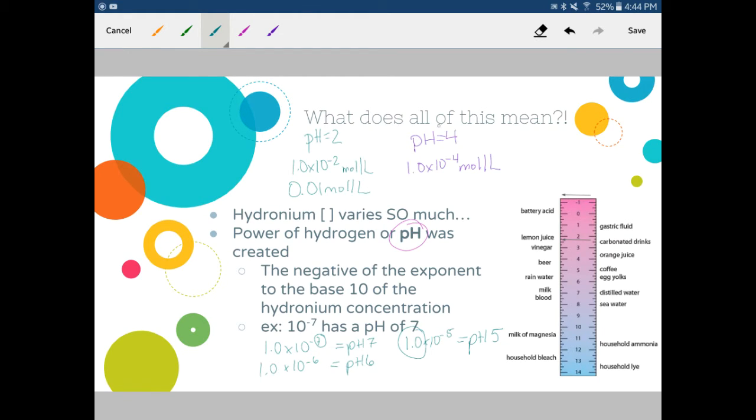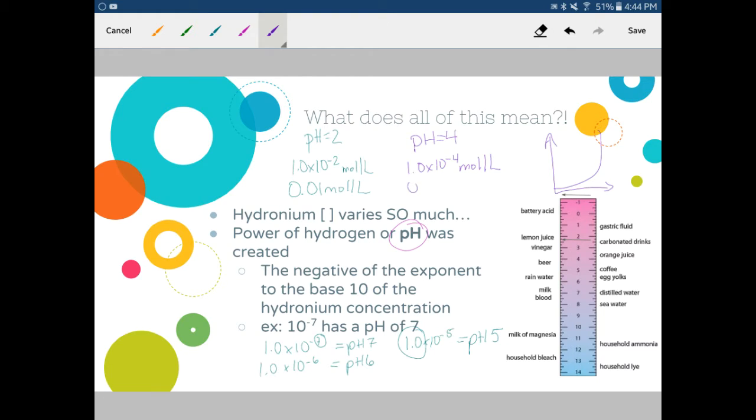Okay, now our pH change is only 2 changes of pH, like we have a pH of 2 and then a pH of 4, so it's only 2 numbers on our scale. However, because this is a logarithmic scale, which means a logarithmic graph looks something like this, our difference between 2 and 4 is actually pretty significant, because if I have 1.0 times 10 to the negative 4, I need to move this decimal place 1, 2, 3, 4.